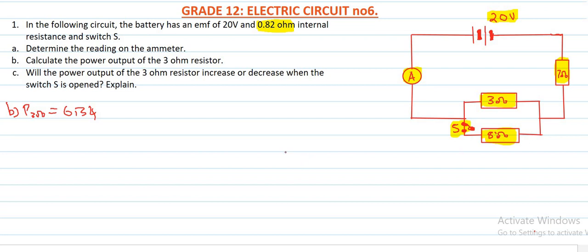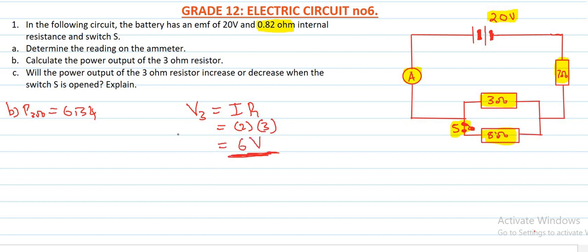So what's going to happen to the potential difference? The voltage that will flow through the 3 ohm resistor will be IR, which is the 2 amperes multiplied by 3 ohm, which is 6 volts.